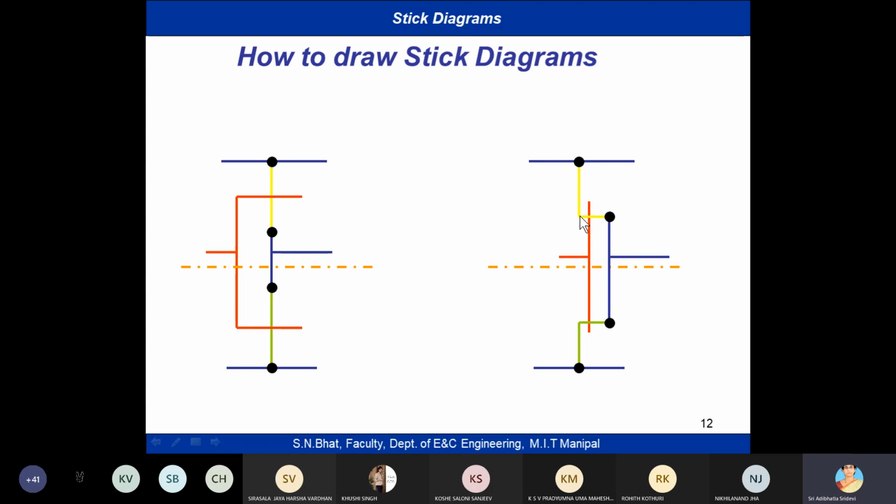But P diffusion crossing poly is the PMOS transistor, and this is the NMOS, with electrical contacts between metal and PMOS, and between metal and NMOS. Then the connection between the two drains is through a metal contact. This is the output and this is the polysilicon input. It is only a different representation; technically there's no difference. Both represent a CMOS inverter. Any doubt here? Please tell me.